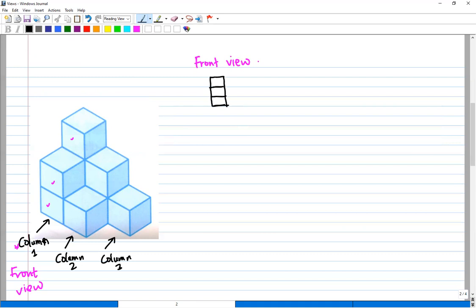One, 2, and 3. Then we go to column 2. This one, it has 2 levels, 1 and 2. So we draw them here. Okay, and then the third column. Third column has got 1 level.